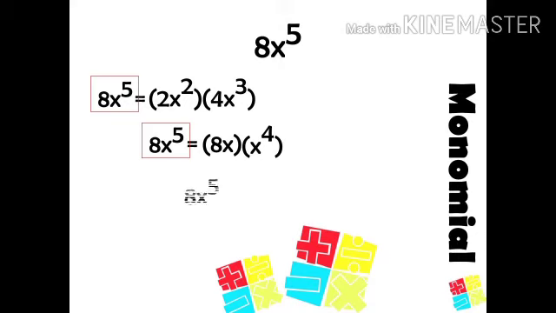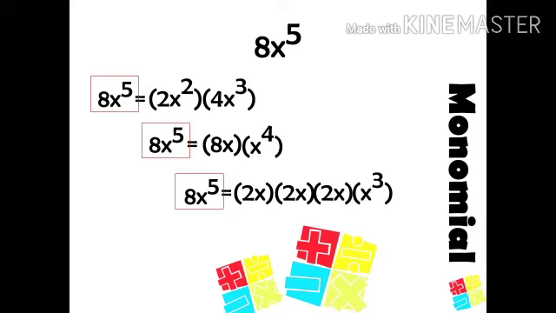Here is another one: 2x times 2x times 2x times x raised to 3. We multiply all the coefficients, then add the exponents, which will be equal to 8x raised to 5. And that is how we factor monomials.